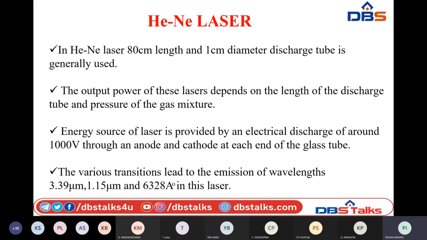The 3.39 and 1.15 are in the infrared range, which we cannot see, but 6328 angstroms is in the visible range that we can see. That means we obtain three wavelengths, three kinds of light, but two are in the infrared range and only one is in the visible range.